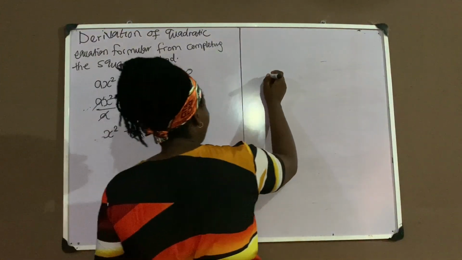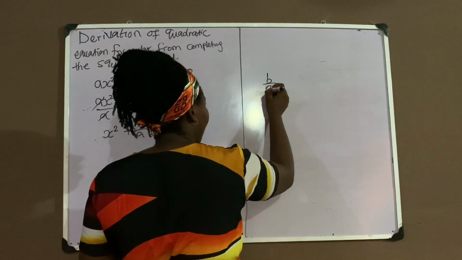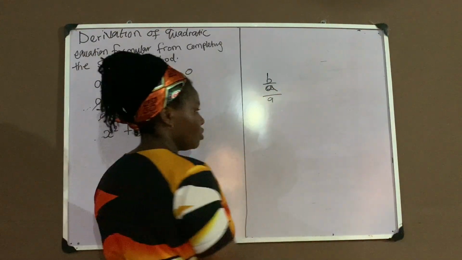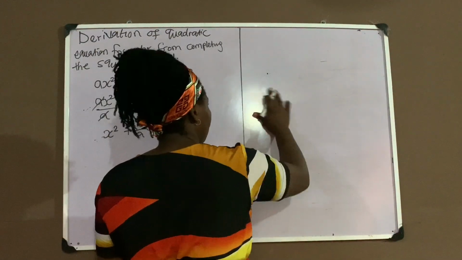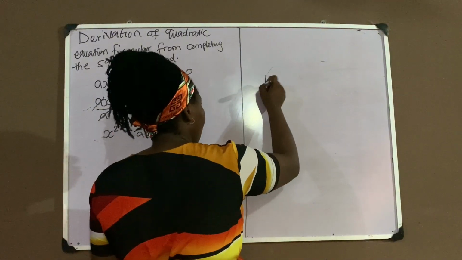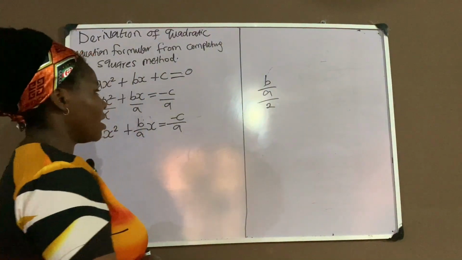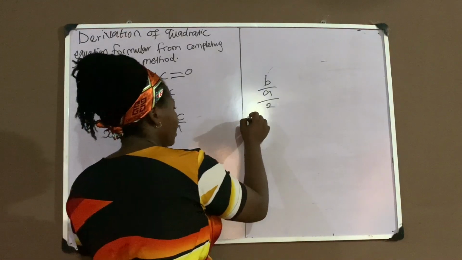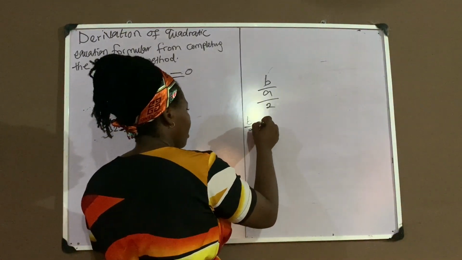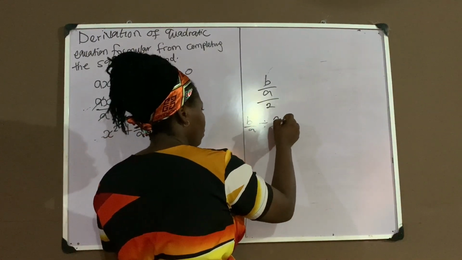So we'll now say b over a divided by 2. Sorry, let me start again. b over a divided by 2. You now find out that this can be written in this way: b over a divided by 2.